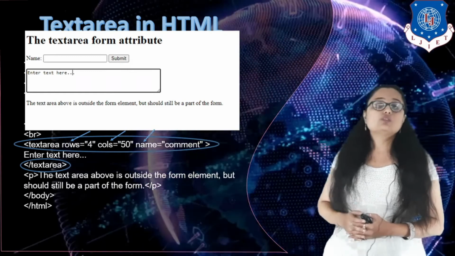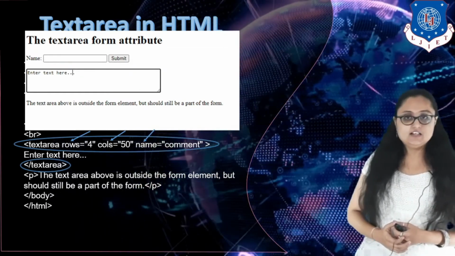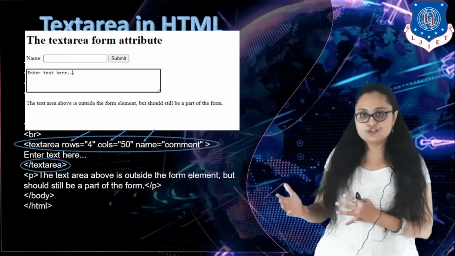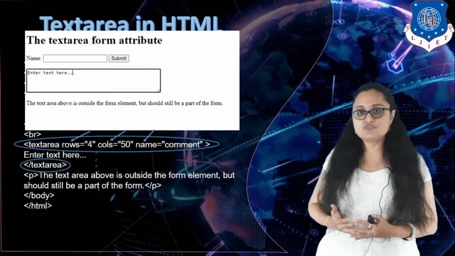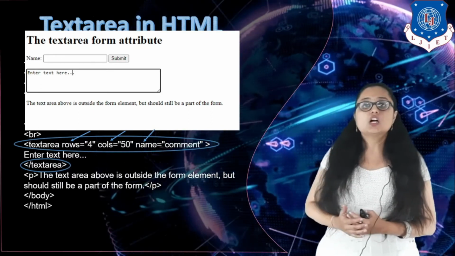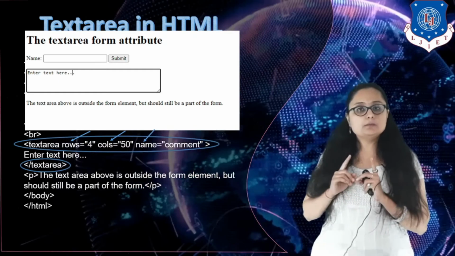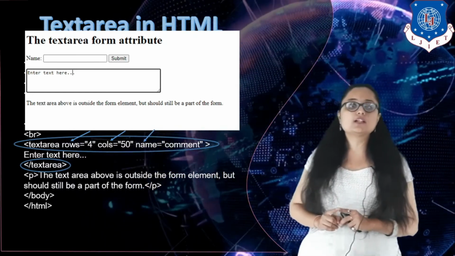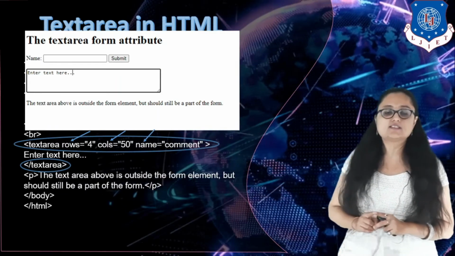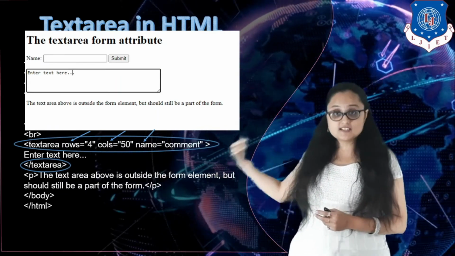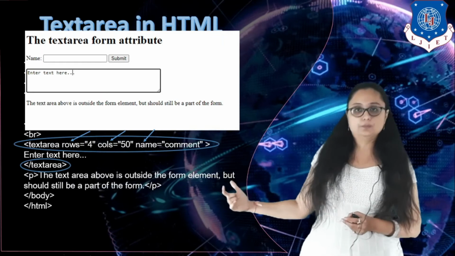Okay, so this was about text area. Whatever height and width you want to give is specified by the rows and column numbers that you specify in the text area. The major thing that you need to understand in text area is that it is to be started and it is to be completed.